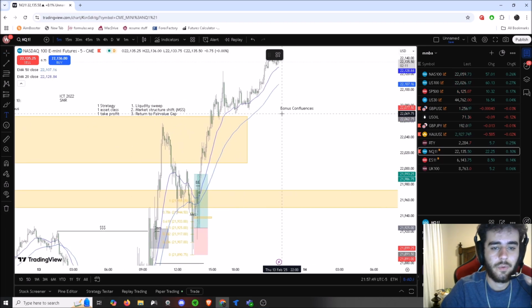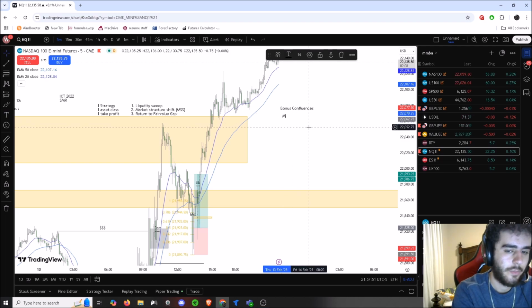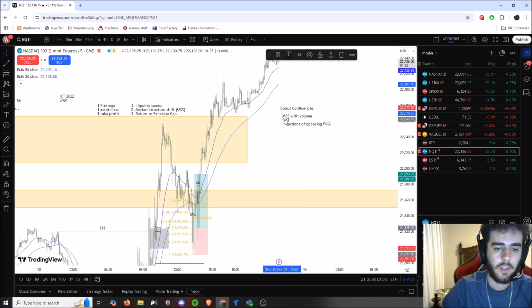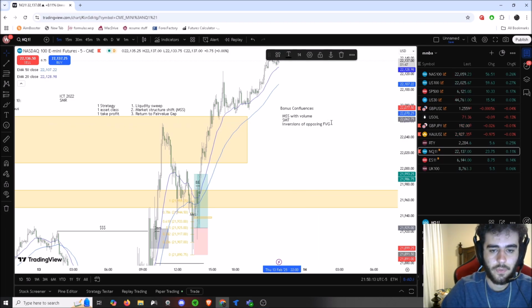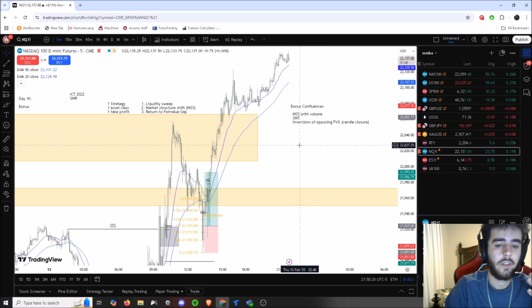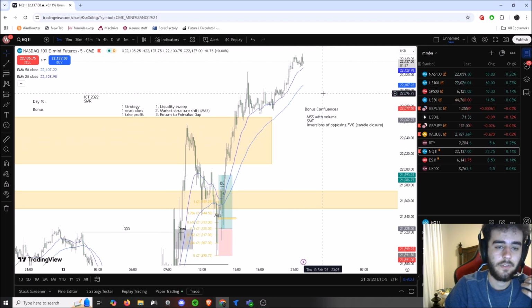These three things are market structure shift with volume, SMT divergence, which I will be going over in this video, and inversions of opposing fair value gaps. Candle closure, we have discussed in the previous video. Candle closure of opposing fair value gaps, also known as IFVGs.